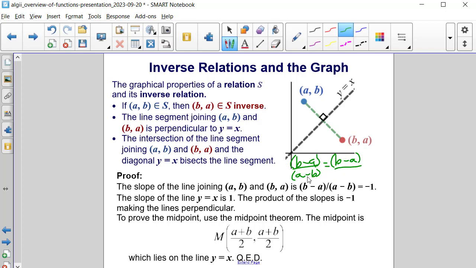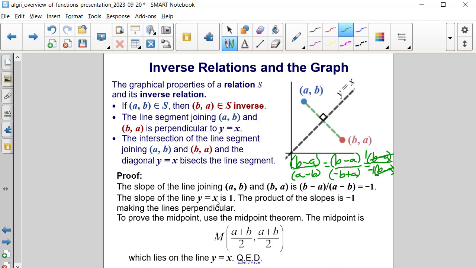But if I reorganize these, I would have -b plus A, and then I can factor out a -1 in the denominator from both terms. So I would have B minus A in the numerator, and then in the denominator I would factor out that -1. The -b becomes now positive, and the positive A now becomes negative. And then the B minus A factors cancel one another out, so you are left with 1 divided by -1, which is equal to -1.